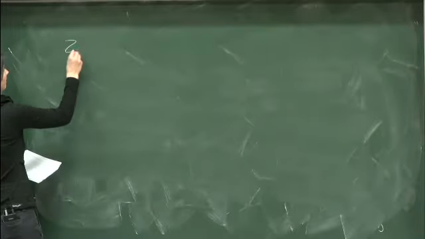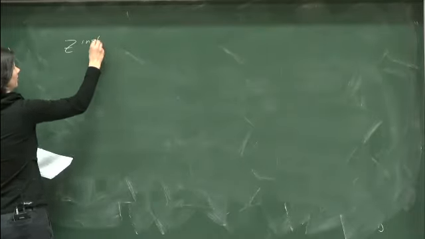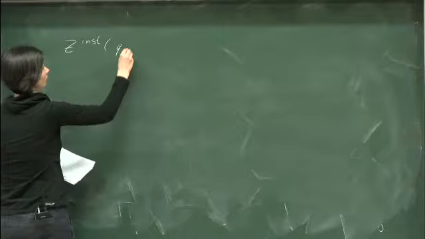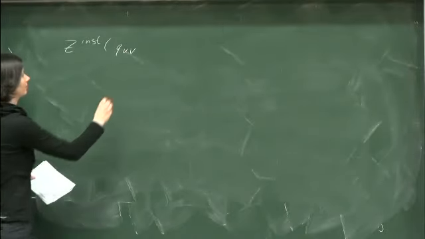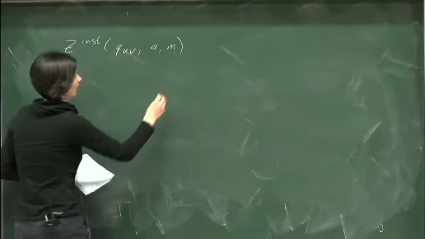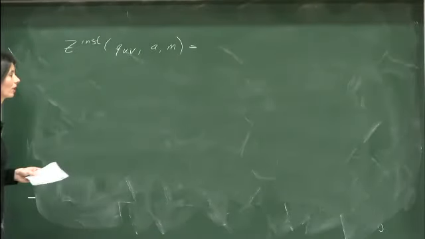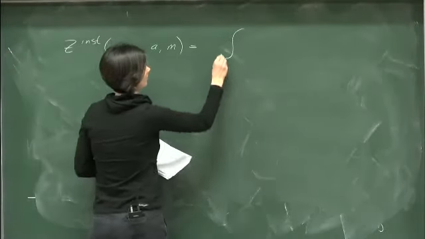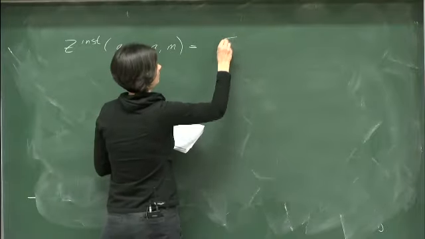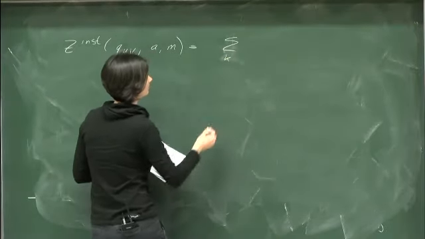Let me just briefly give you an overview of that again. So this instanton partition function will depend on the UV couplings of the theory, and on the Coulomb parameters and the masses, and it will localize to a sum over instantons.